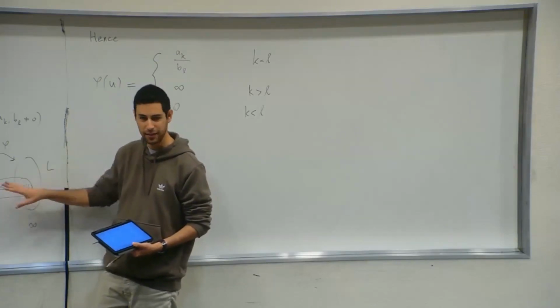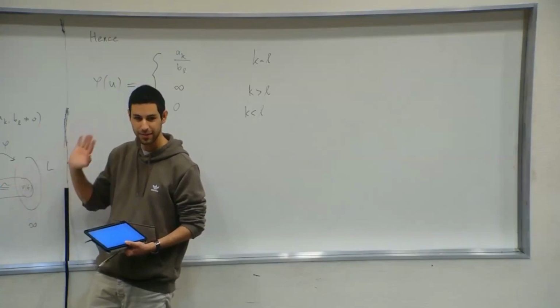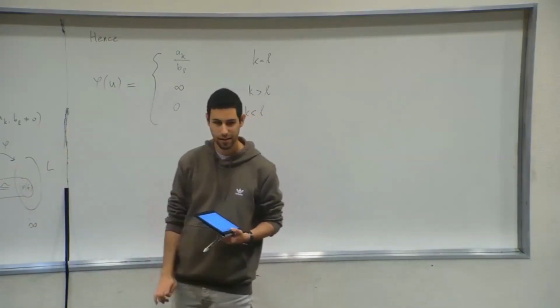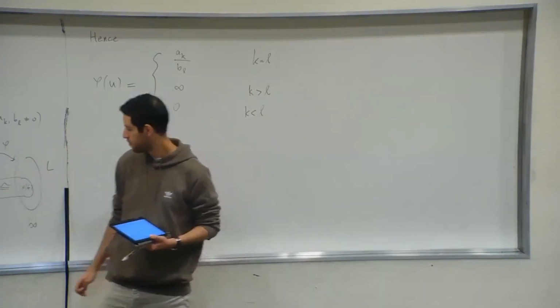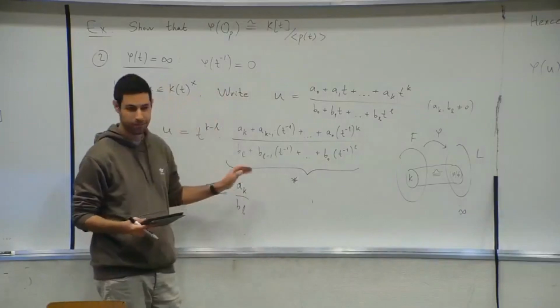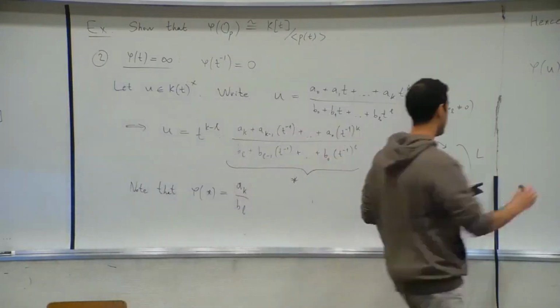So under this identification, it maps every element in K to itself. We just call it K. Yes, exactly.